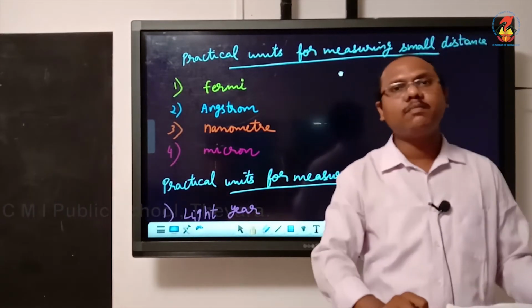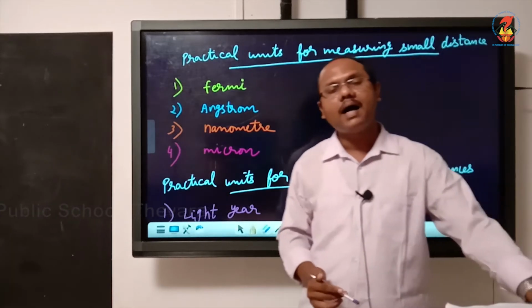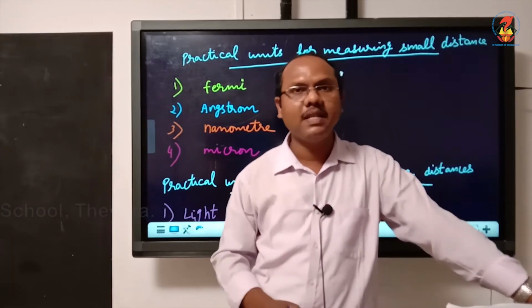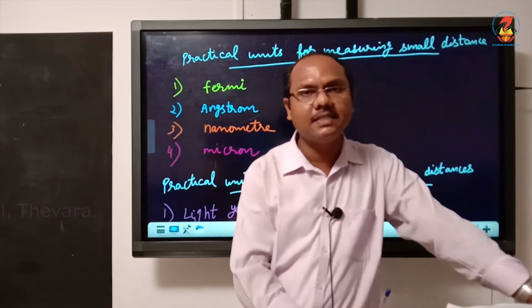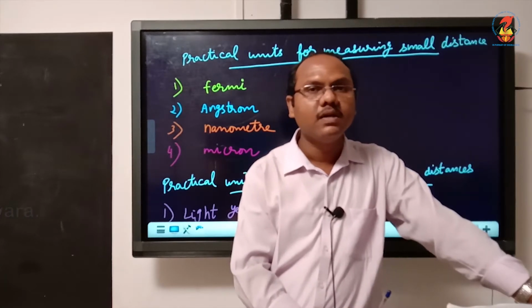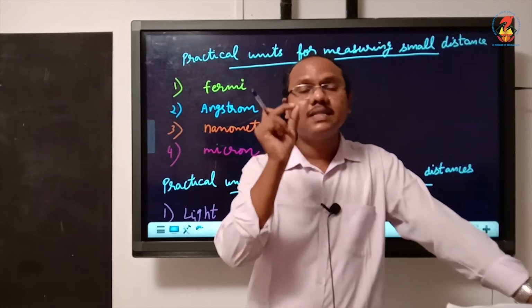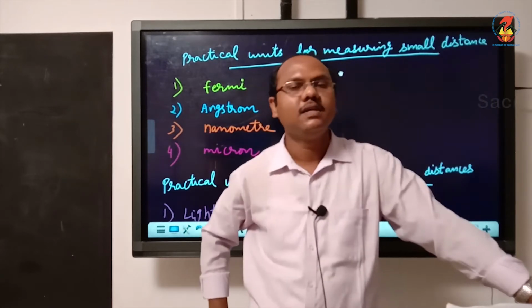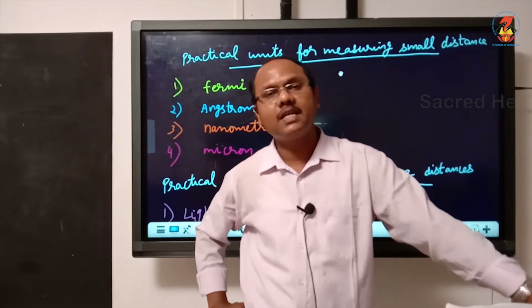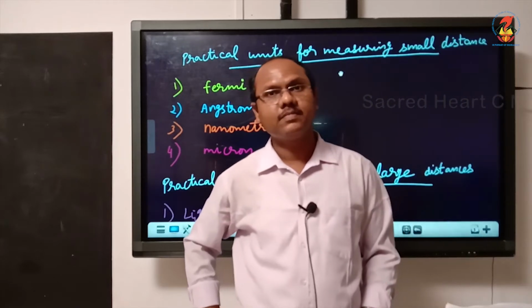When I was talking about the measurement of a book, I told you will measure it using millimeter and you can say it in centimeter. But I am asking you the thickness of your hair. Will you be able to measure using a scale? No.